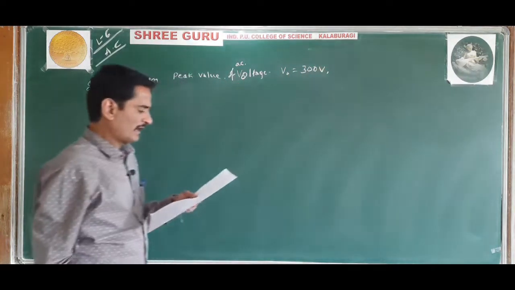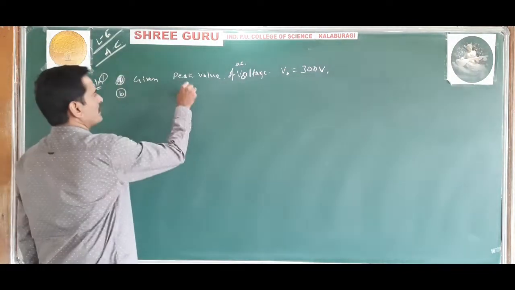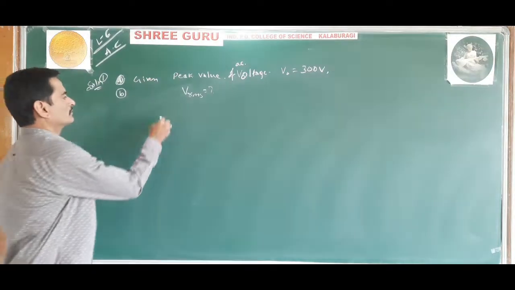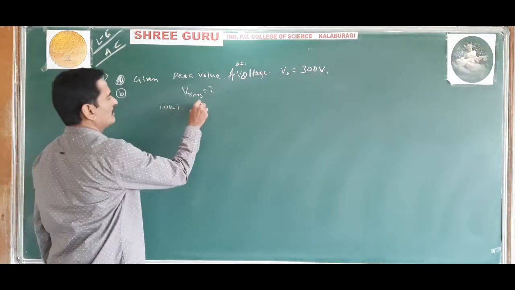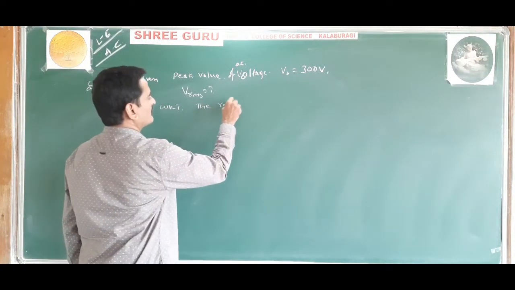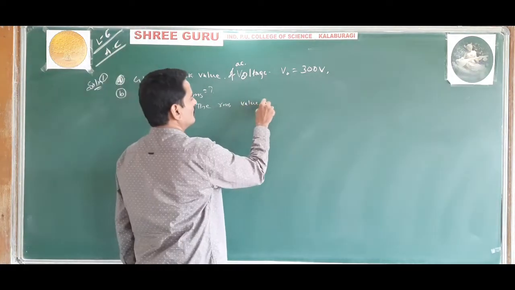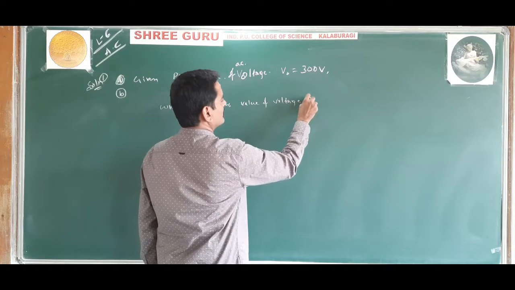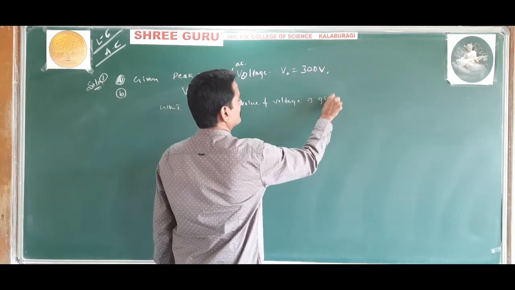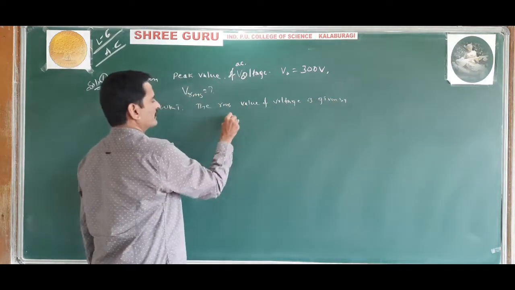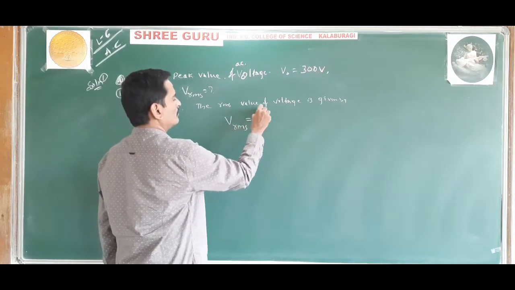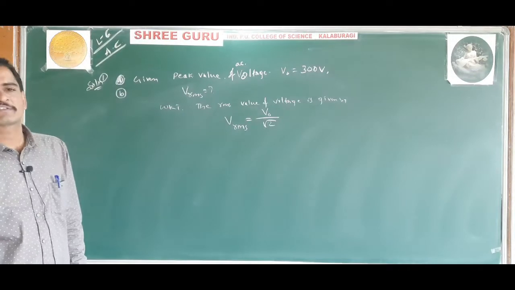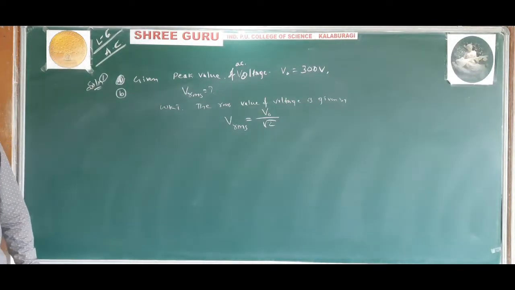It is given. And what is the RMS voltage? So VRMS is equal to question mark. We know that the RMS value of voltage is given by VRMS is equal to V0 divided by root 2. This is the relation between RMS value and peak value.